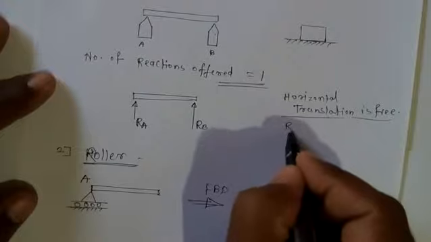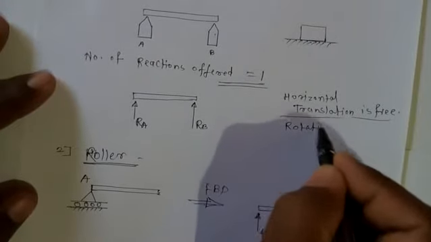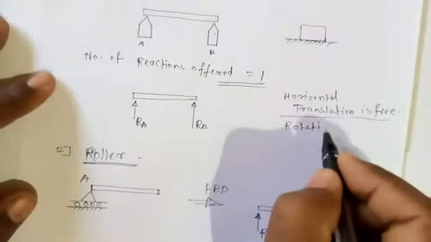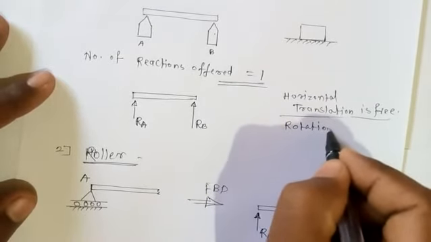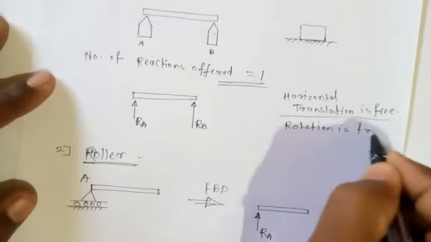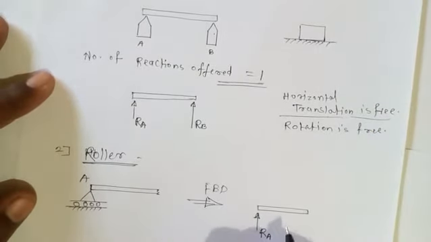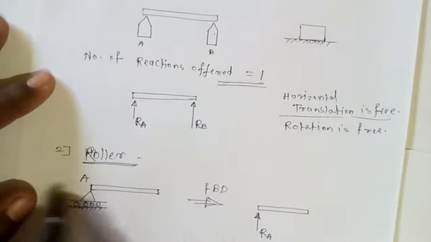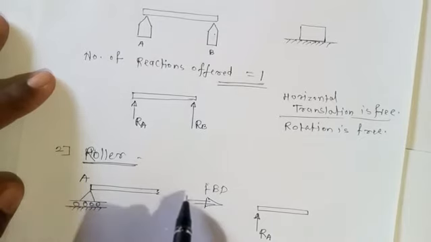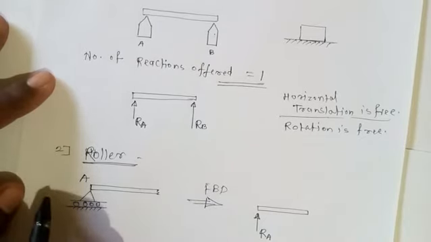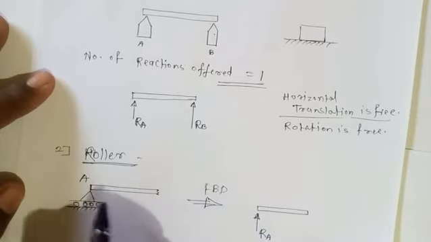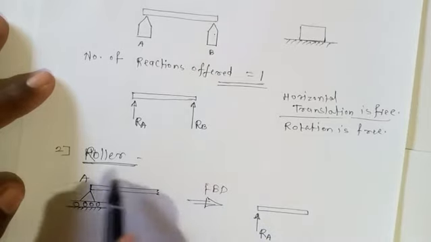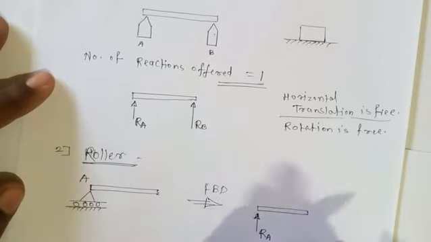Okay, and rotation is also free, means this beam can rotate about A or B. There is no restriction to the rotation, so rotation is free. Here also the horizontal translation is free, as the beam can move in the horizontal direction towards left or towards right, but the beam can also rotate about this point A.